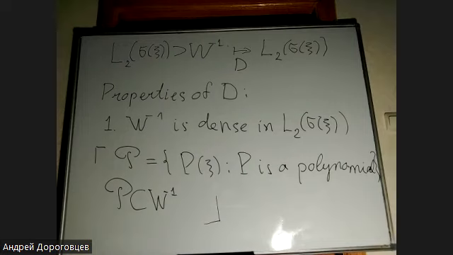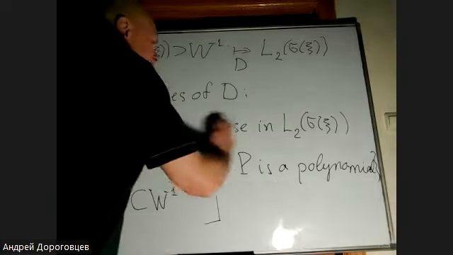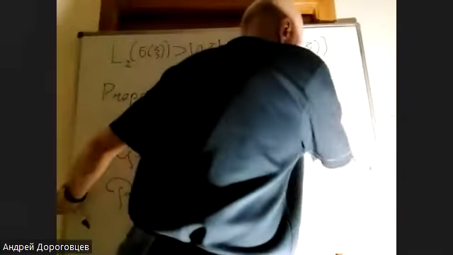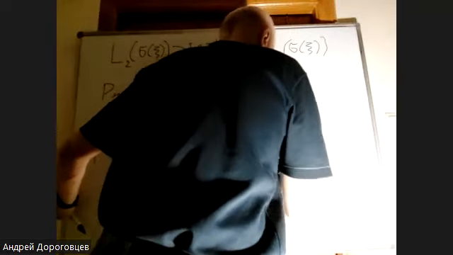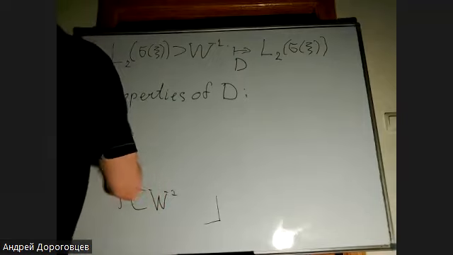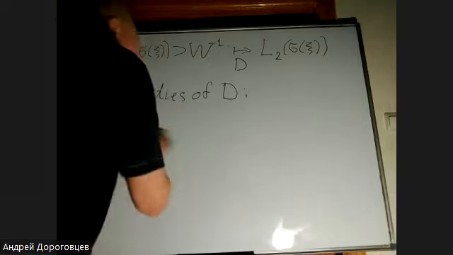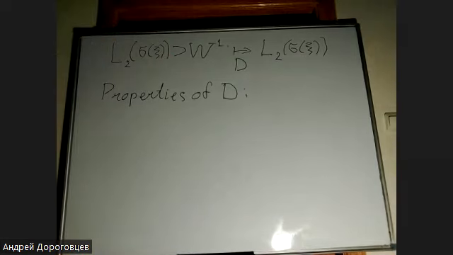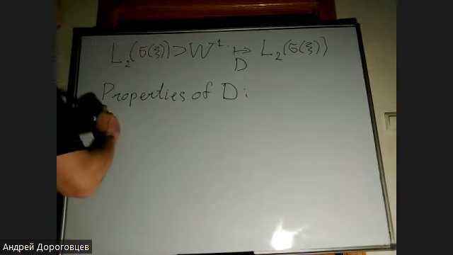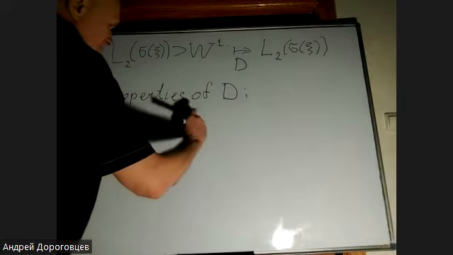Another property is not so trivial, but it's very useful. Namely, D is closed.